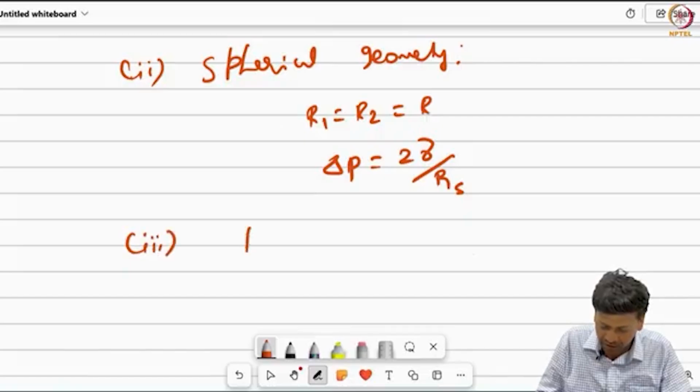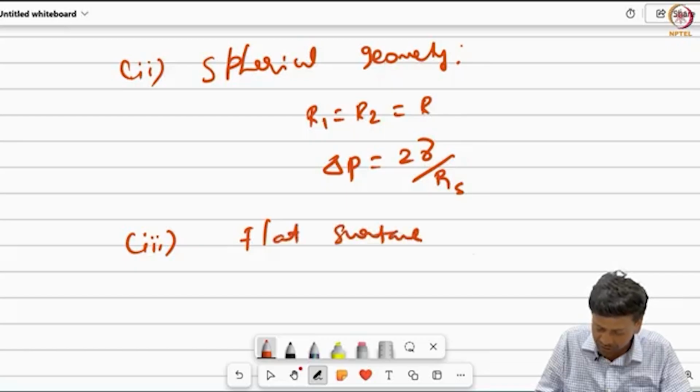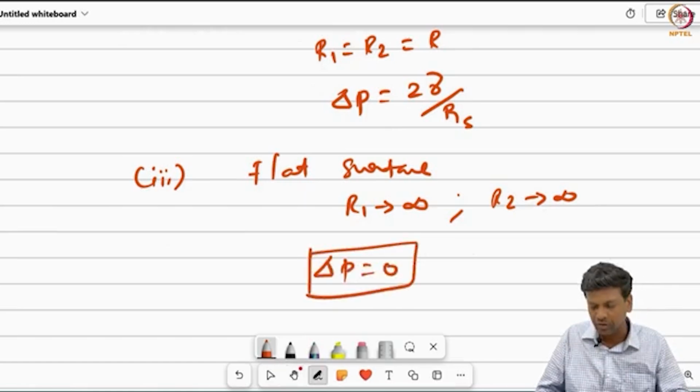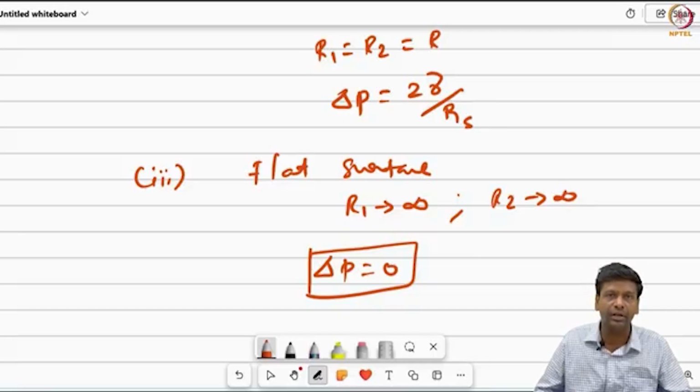In case of a flat surface, a flat geometry, since both radii are tending to infinity, you can say that delta P is simply nothing but 0. So depending on the geometry that we deal with, one would get a different compact equation. This is nothing but the Young-Laplace equation.